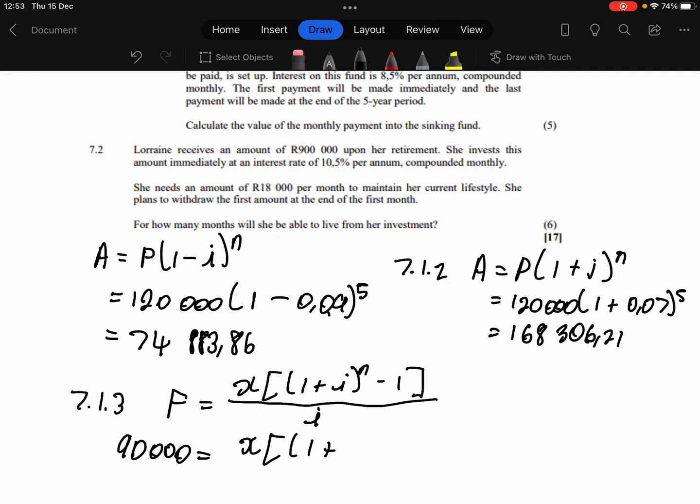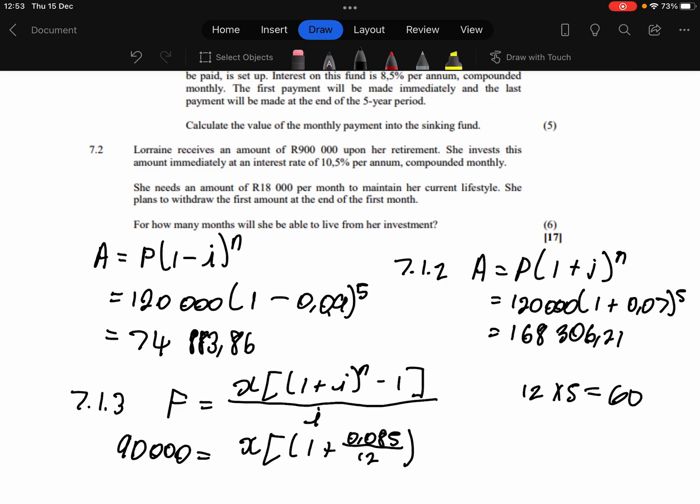1 plus i. Our interest rate is 8.5% per annum, compounded monthly. So converting the 8.5% to a decimal, we get 0.085, and because it's compounded monthly, we have to divide it by 12. To the power of n, n would be the number of compounds in this period. Since it's compounded monthly and it's for a 5-year period, it's 12 compounds per year, so we have 12 times 5, which gives us 60. But they've told us that they've made an immediate payment.